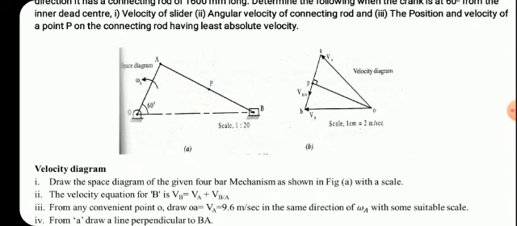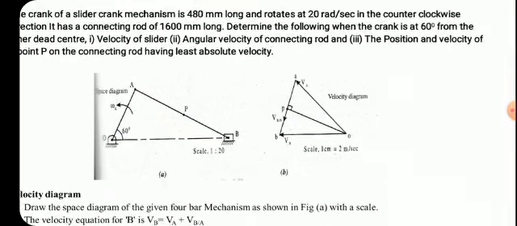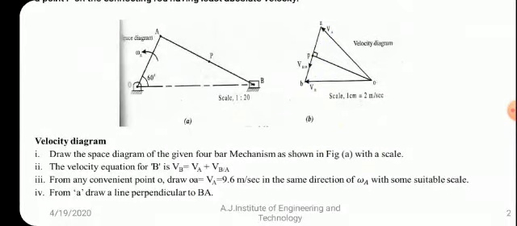You can calculate 20 into 480 mm, which is 9600 millimeter per second, converted into 9.6 meter per second.